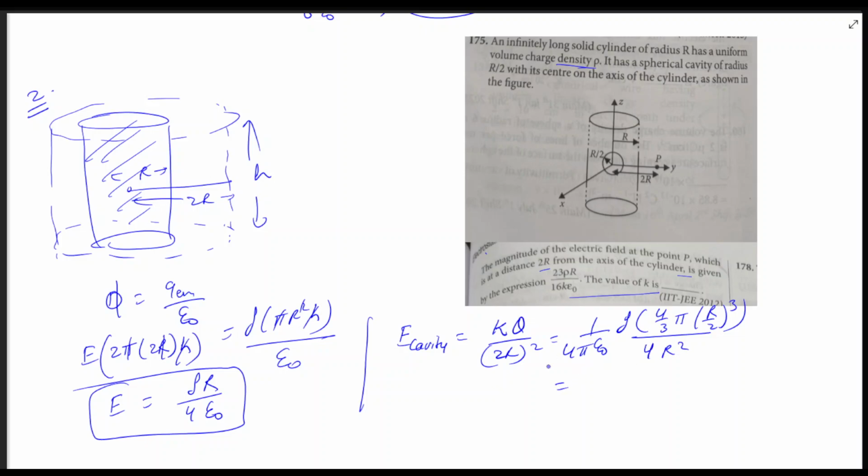So let's cancel things. 4 pi will get cancelled, and this will be rho by 3 epsilon naught, and it is 4r square, and this will be r cube by 8. So we'll have r left. This is the electric field due to the cavity, and this is the electric field due to the cylinder.